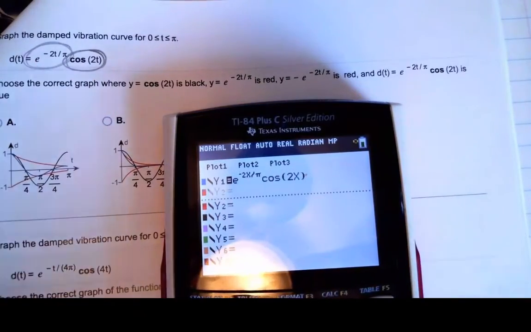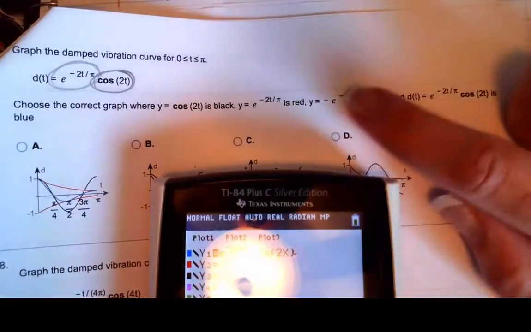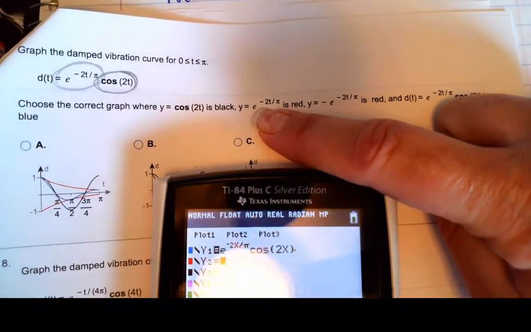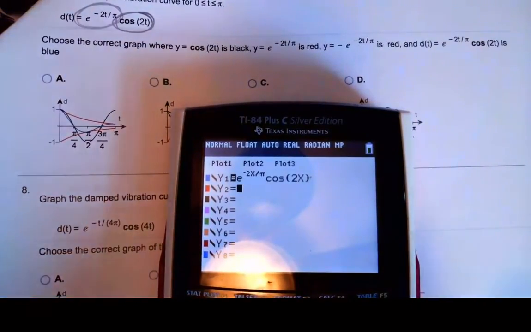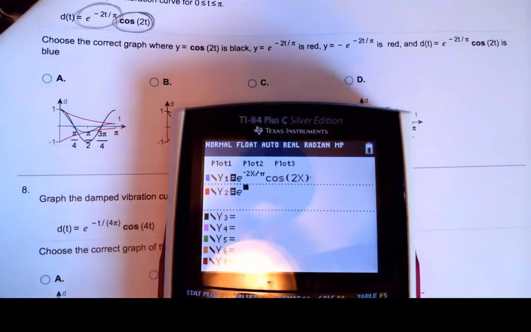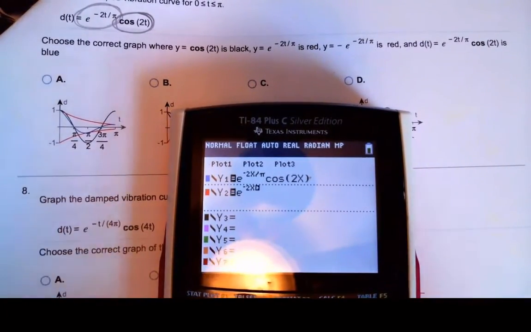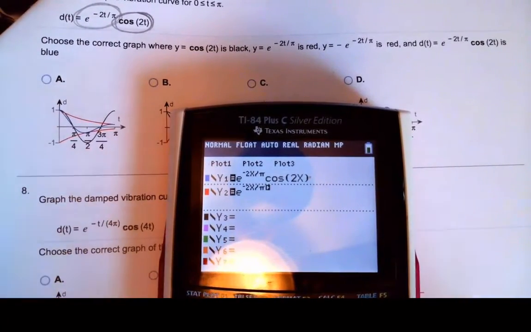Okay, my red curve, I'm going to have 2 of them. I'm going to have the positive e to the is red, and the negative e to the is also red. So I'm going to have 2 red curves. So I'm going to do e to the -2x over pi. And then I'm going to make another red curve.